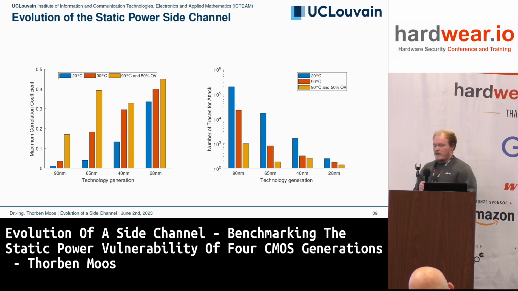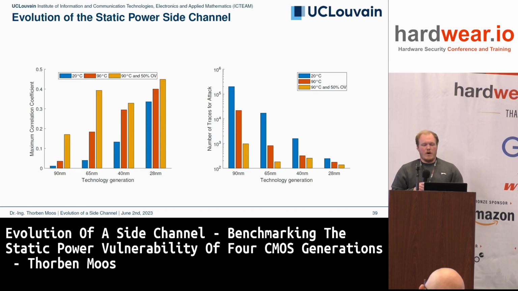So we have like exponentially decreasing security from the 90 nanometer chip towards the 28 nanometer chip for the same kind of attack. For the other cases with 90 degrees and 90 degrees and 50% overvoltage, it's a bit mixed and washed up, but I want to highlight that we really gain an order of magnitude for each technology generation for the 20 degrees Celsius case, so if you don't tweak the operating conditions. However, tweaking the operating conditions helps in all cases significantly.